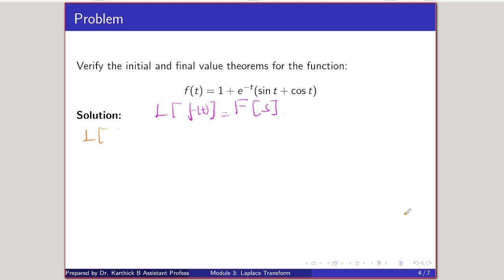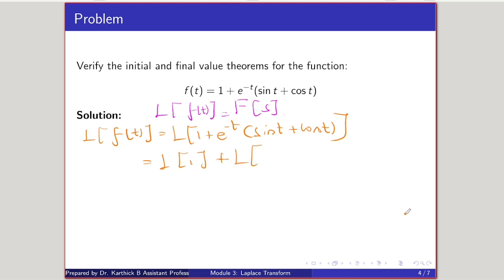So Laplace of f of t will be equal to Laplace of 1 plus e power minus t times sin t plus cos t. By using the linear property, we can split the function by taking out the constants. We know that Laplace of 1 will be 1 by s.